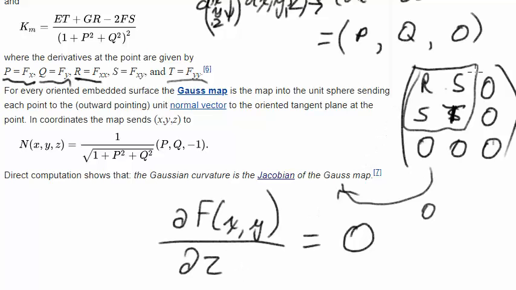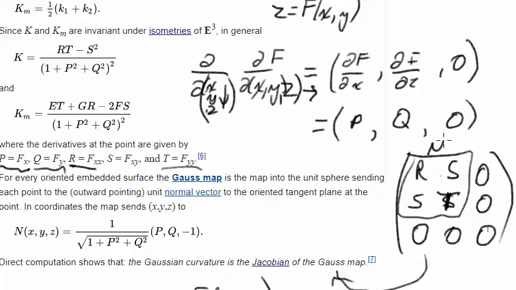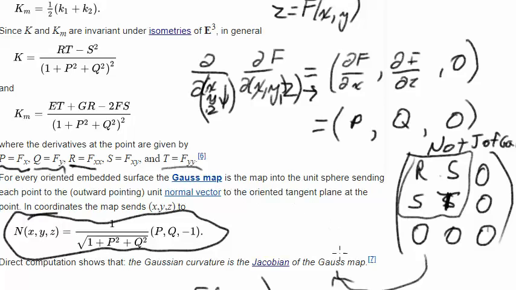Okay, so I'm not sure. Let's make sure this is the Gauss map, not the Jacobian of the Gauss map. What is the Jacobian of the Gauss map? This is the n. This is the Jacobian of the surface. Or no, it's not even the Jacobian of the surface.